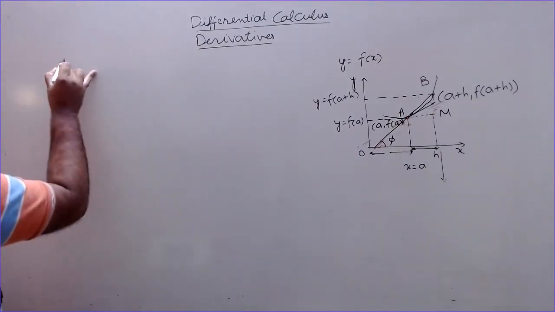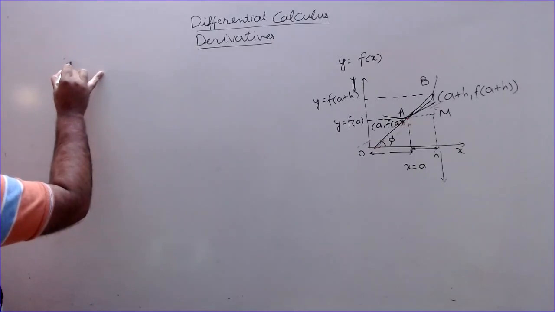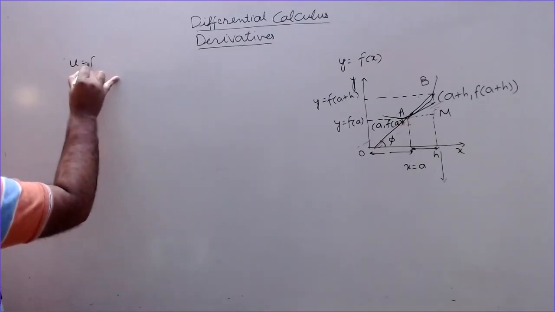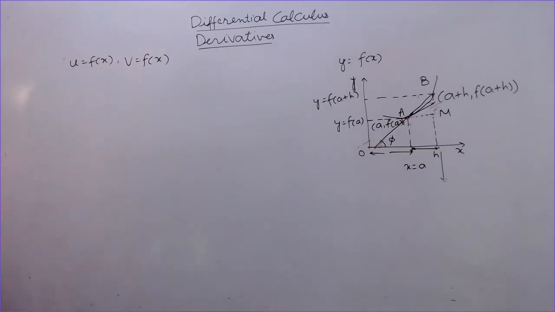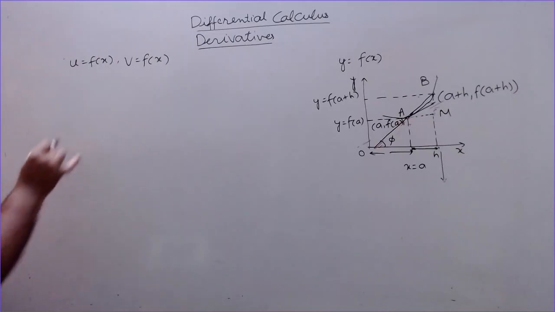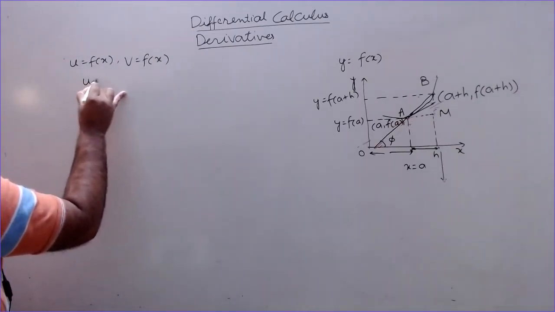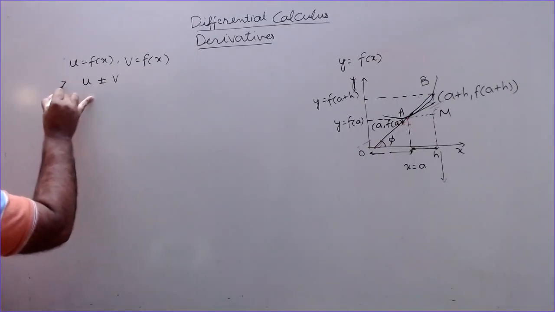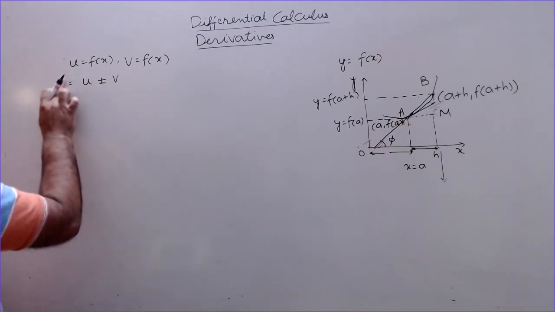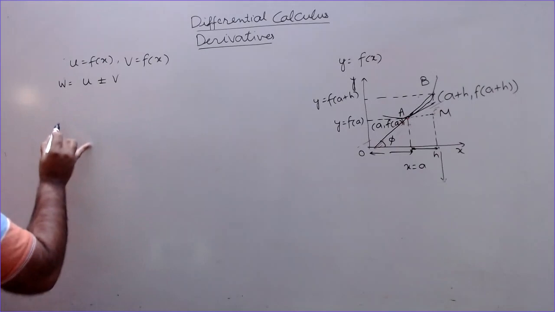If we have two functions, u is also a function of x, v is also a function of x, and there is a function u plus minus v. Suppose z, or w, is equal to this function.